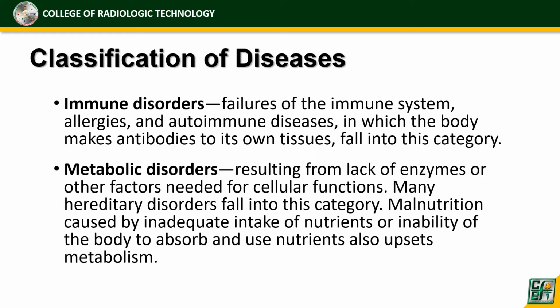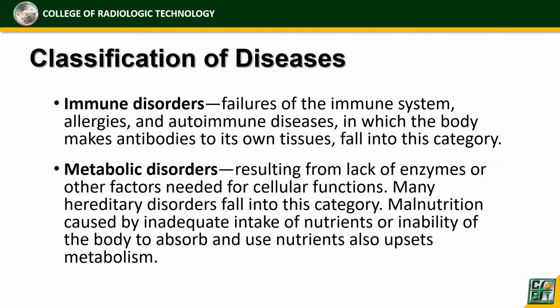Then we have the metabolic disorders. This results from the lack of enzymes or other factors needed for cellular functions. Many of these metabolic disorders are hereditary, meaning they can be passed from the family.